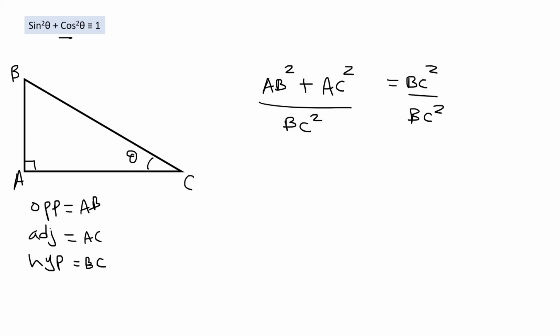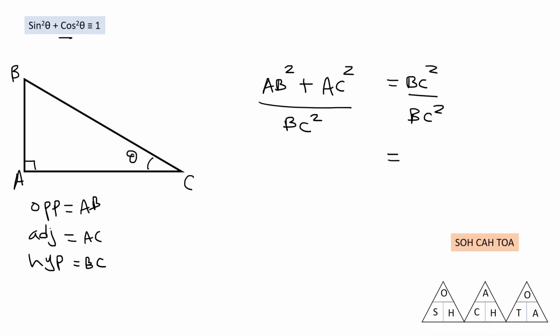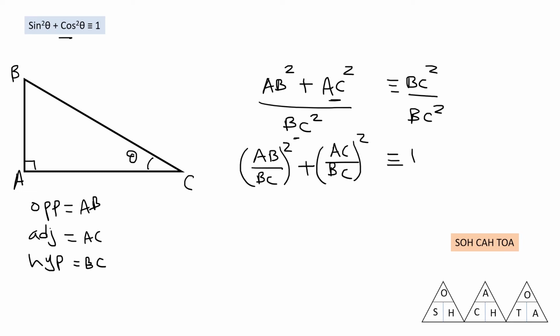If I divide both sides by BC square, we know the right side would be equal to 1. Here AB squared by BC square I can write as AB over BC whole thing squared. Similarly, if I divide AC squared by BC square, I can write AC divided by BC whole thing squared.